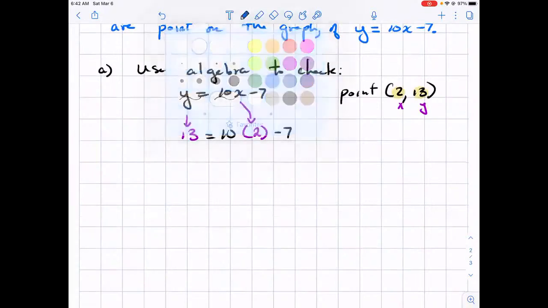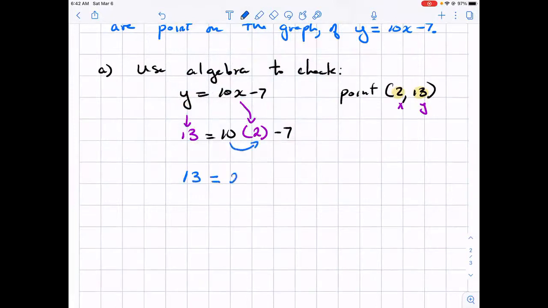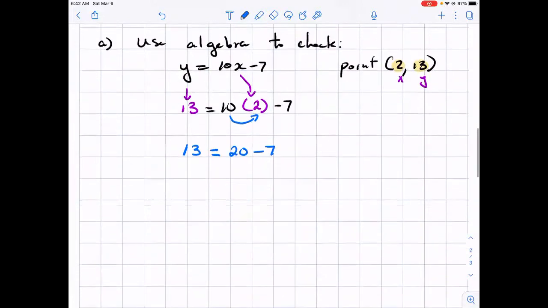So we have 13 is equal to 10 times 2, which is 20, minus 7. So we have 13 is equal to 13, and this is true.